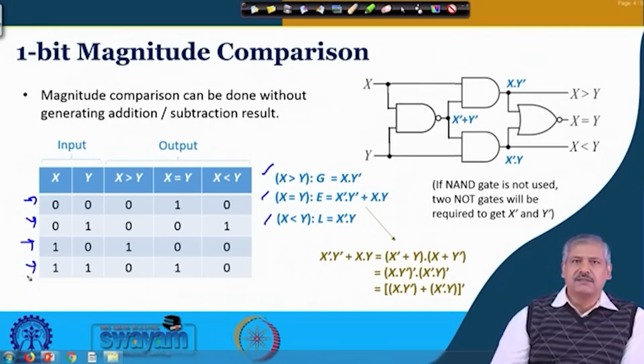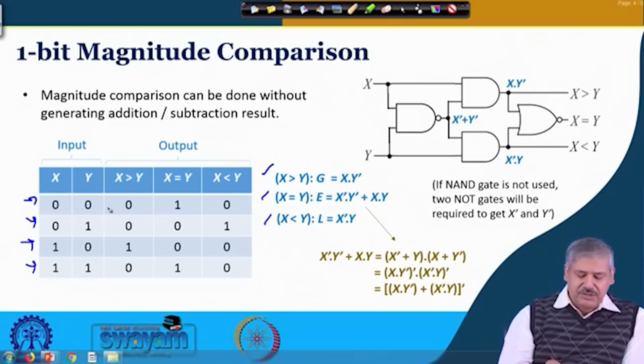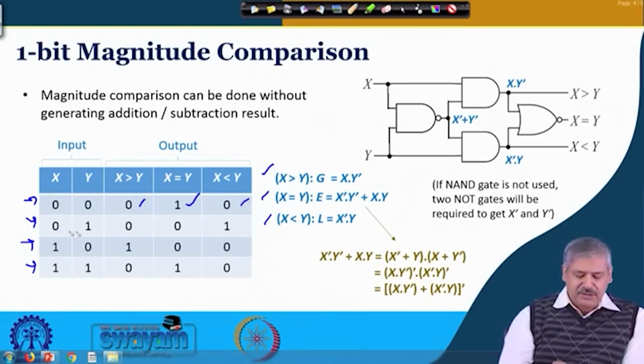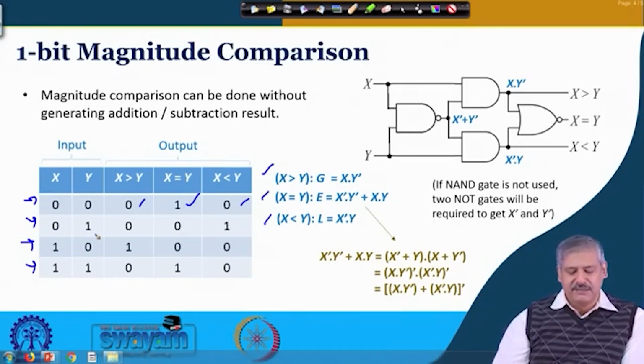In this case, you can see that for 0, 0, x and y both are 0, that means x is equal to y. So, this will be 1, neither x greater than y nor x less than y. So, x is equal to 0 and y is equal to 1. Of course, y is more and x is less.